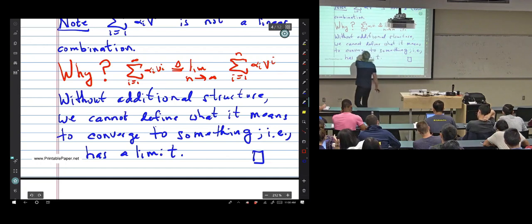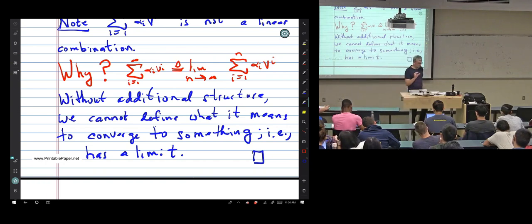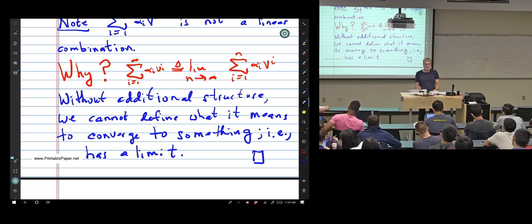Okay, so this is the only important part of that definition, the finiteness. So make little notes on that one. Questions?